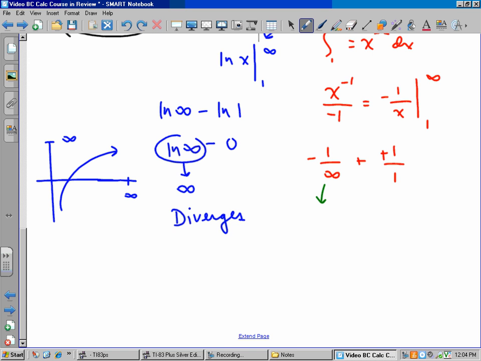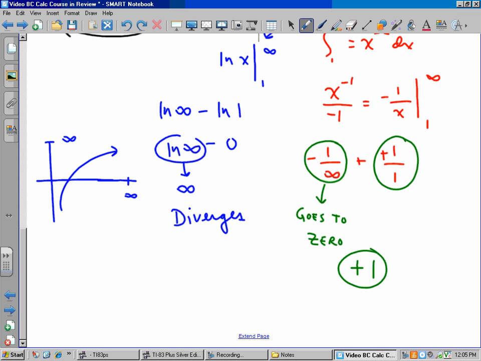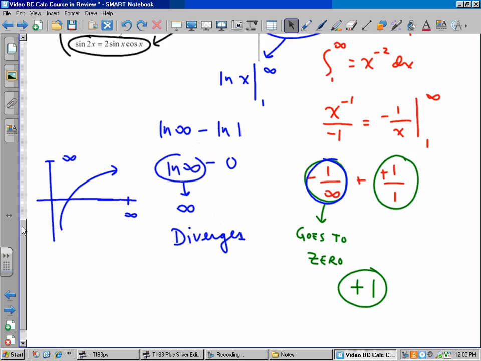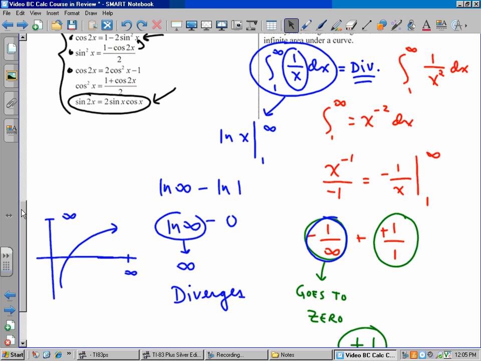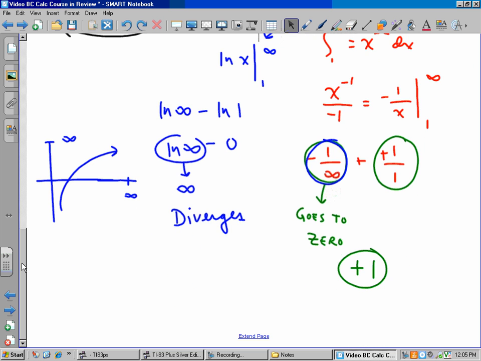This value, negative 1 over infinity, is basically approaching 0. So it's nothing. And we've got 1 over here, so we would say that the area under this curve is a positive 1, because this is basically insignificant. So if we were integrating 1 over x squared, the area under that curve would be 1.